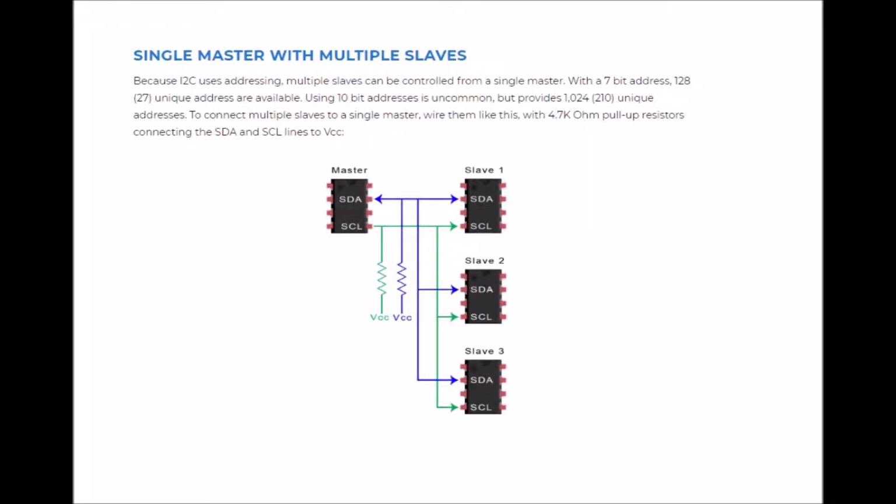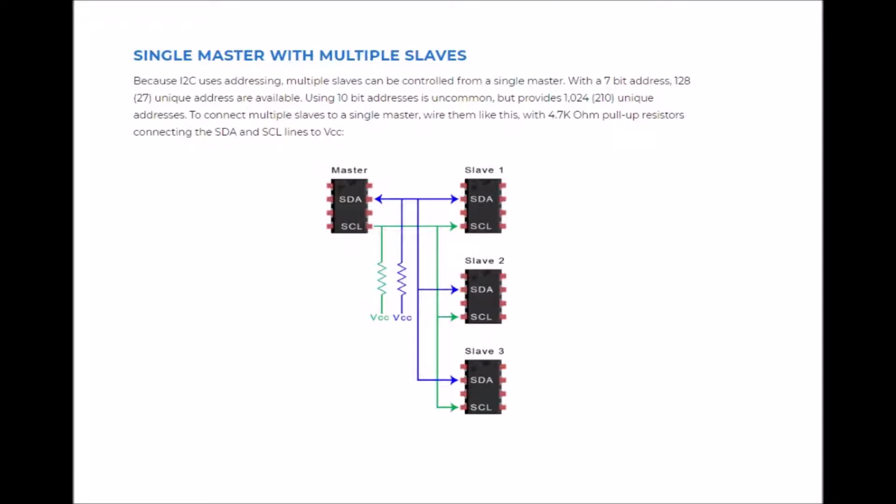Single master with multiple slaves. Because I2C uses addressing, multiple slaves can be controlled from a single master. With a 7-bit address, 128 unique addresses are available.